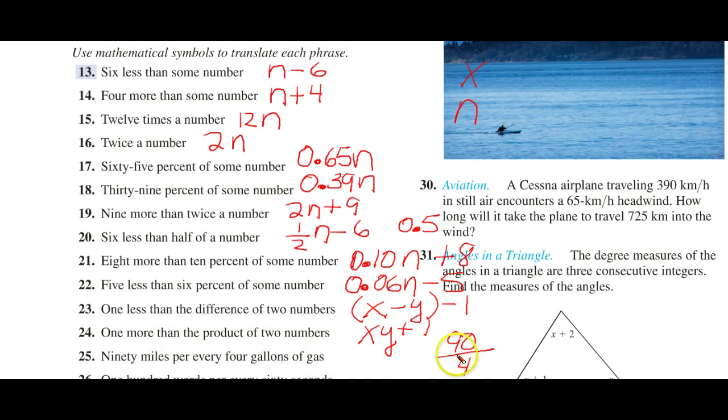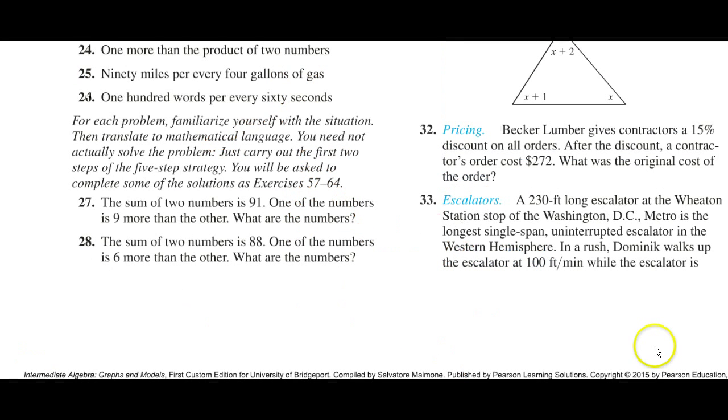So I would think it's something like that. Okay, we'll have to raise it up. And then for number 26, doing it the same way, 100 words per 60 seconds. You're making a comparison.